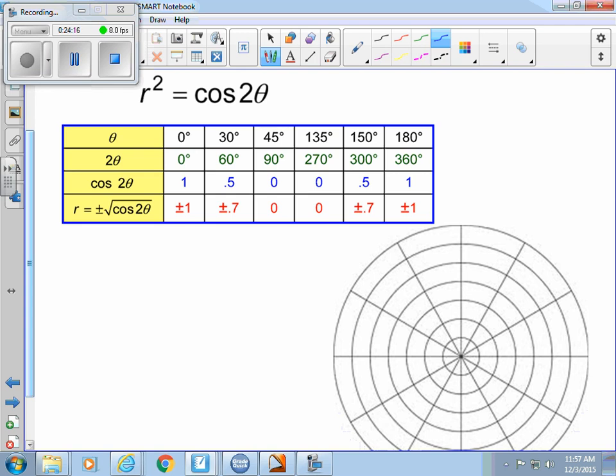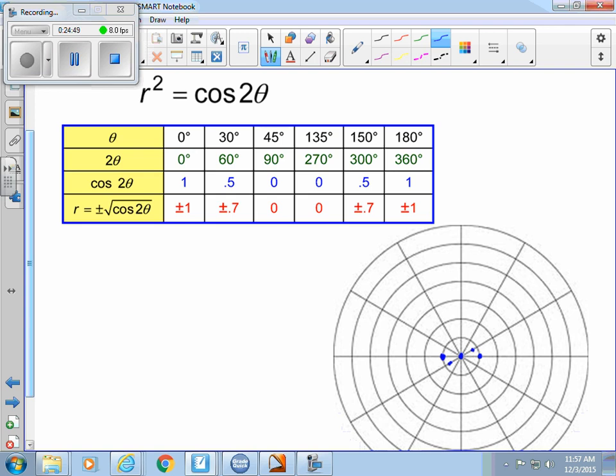So if I plug in 0, I get positive and negative 1. If I plug in 30 degrees, I get positive and negative 0.7. If I plug in 45, I get 0. Now, you'll notice there is a big gap from 45 to 135.